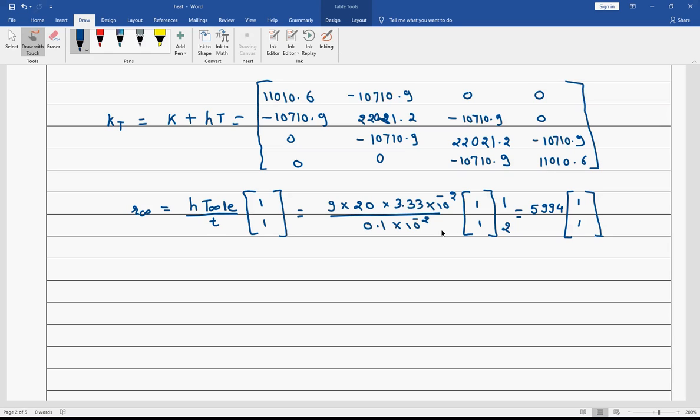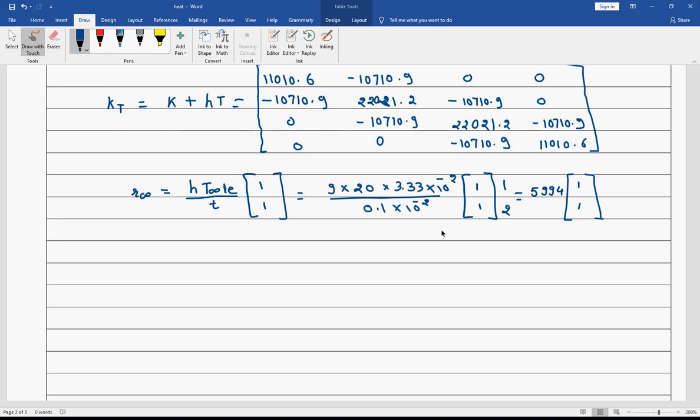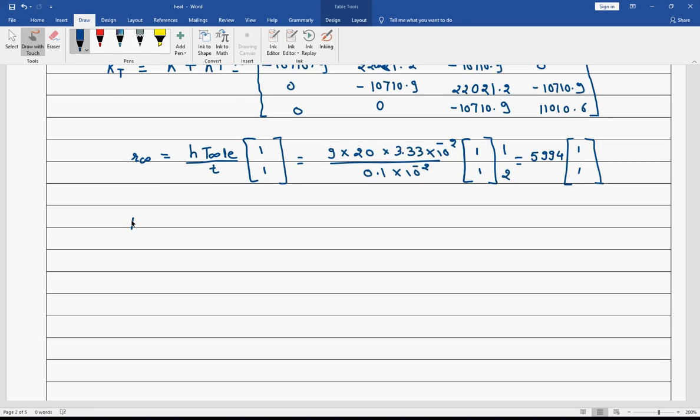So now what I do, I'll go for the global assembly. So I write this as a capital R: 5994, and it will be 1 2 2 1. So this is my global load matrix because of the ambient condition.